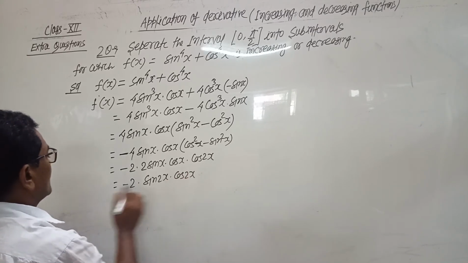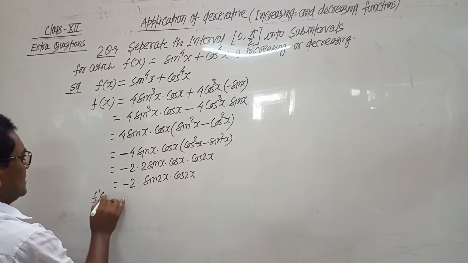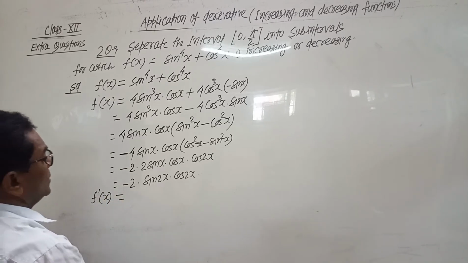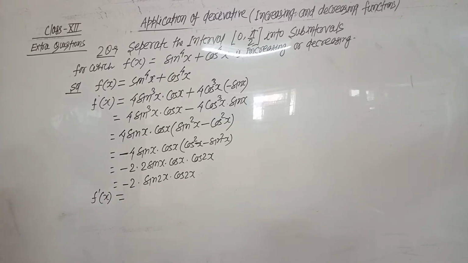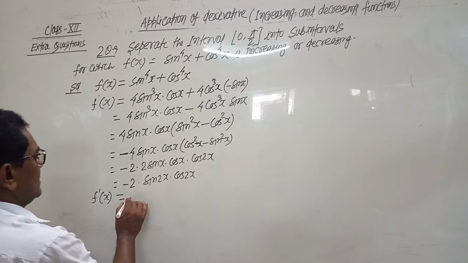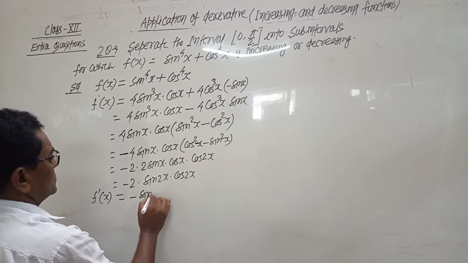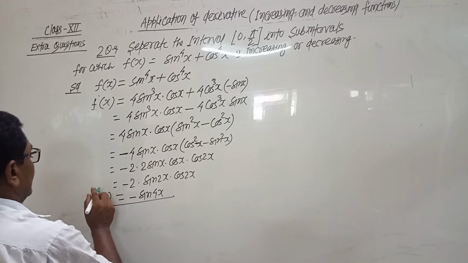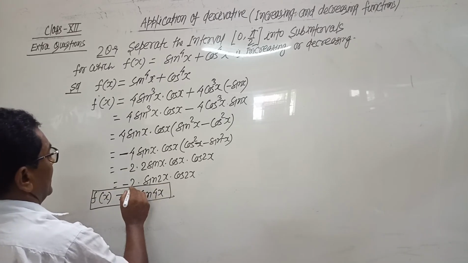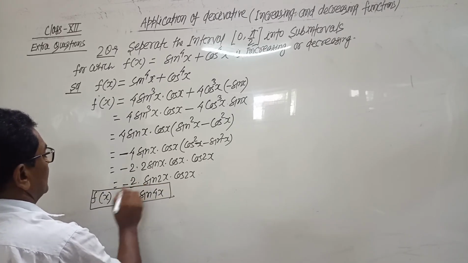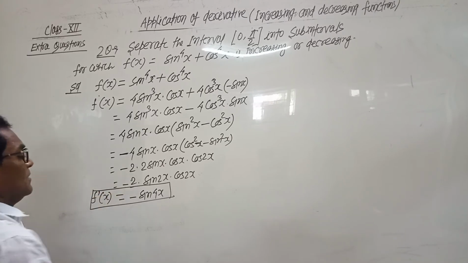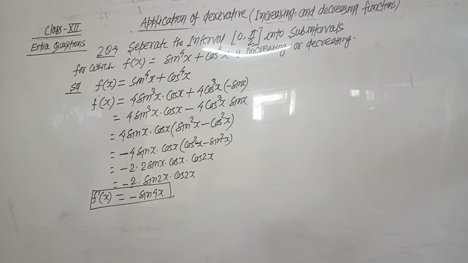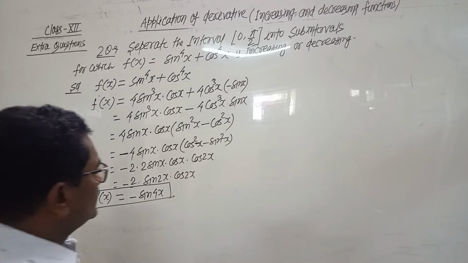So f dash x equals minus 2 sin 2x cos 2x, which is minus sin 4x. We get the value of f dash x: f dash x is minus sin 4x.